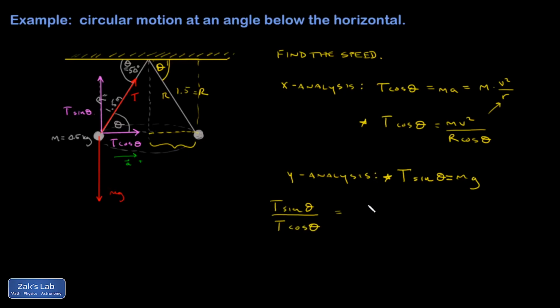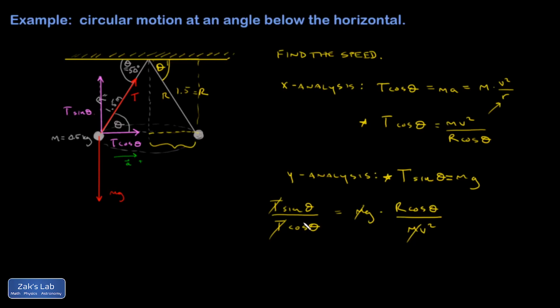And on the right-hand side, I have mg divided by all this stuff, which is the same as multiplying by its reciprocal. So I have R cosine theta over mv squared. Turns out the mass doesn't matter. That's one benefit to keeping everything general. You can see things like that. And the whole point of this manipulation was to cancel this unknown T.